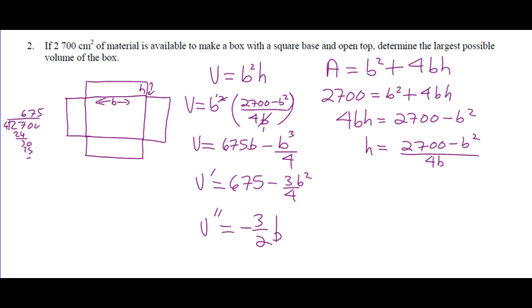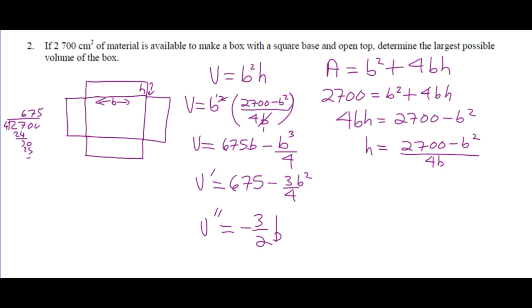Okay, wait, now what do we know about b? I mean, it can't be negative, right? So b has to be positive. So the second derivative tells us that if b has to be positive, then negative 3 halves b has to be negative. And if it's negative, then it is concave down and has a maximum. All right?